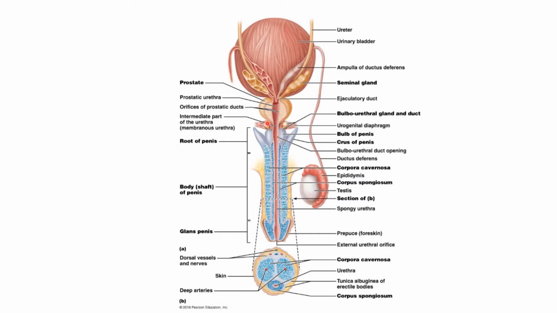Now, during ejaculation, the bladder, so here is the urinary bladder, the urinary bladder sphincter is actually going to constrict and close to prevent any urine from expelling out of the body along with the semen.